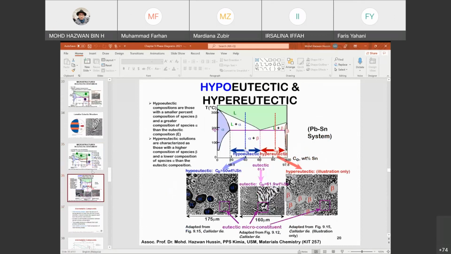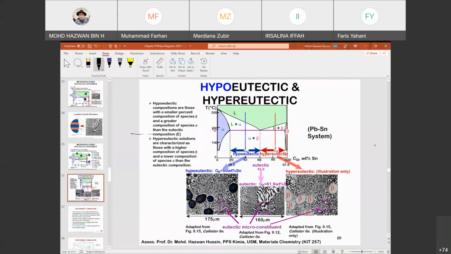Before we go to the last examples, maybe we should understand what is meant by hypoeutectic and also hypereutectic. Hypoeutectic means the compositions have a small percentage of beta and a greater percentage of alpha relative to the eutectic composition.